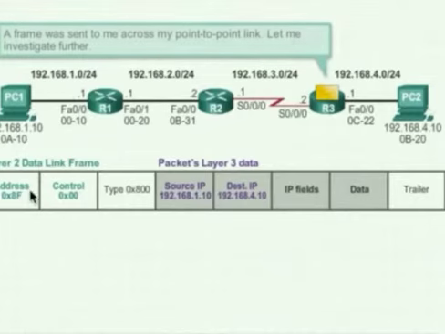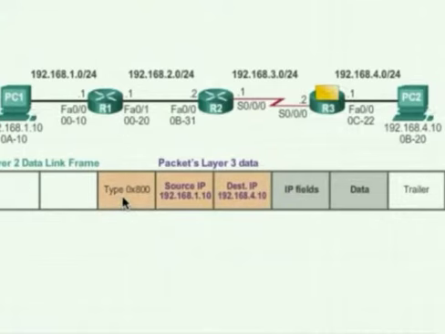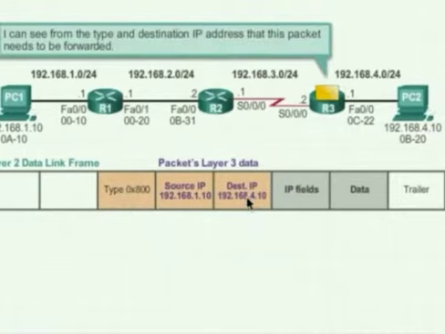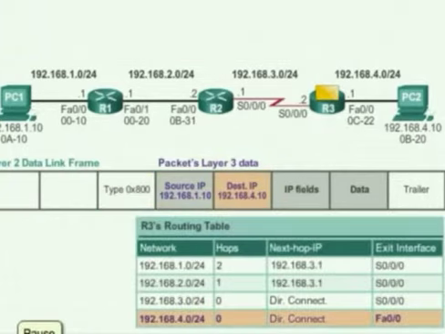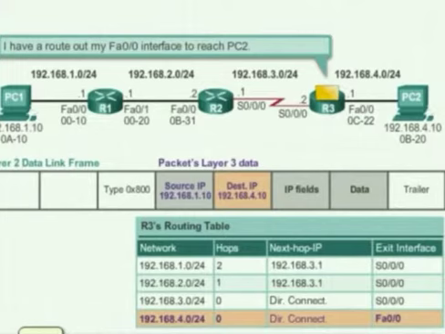Now that it has de-encapsulated its data link frame, it sees that it has an IPv4 destination. So it must search through its routing table and sees that it has a direct connection to 192.168.4.0/24. That is the network of PC2. That means that the packet can be sent directly to the destination device and does not need to be sent to another router.